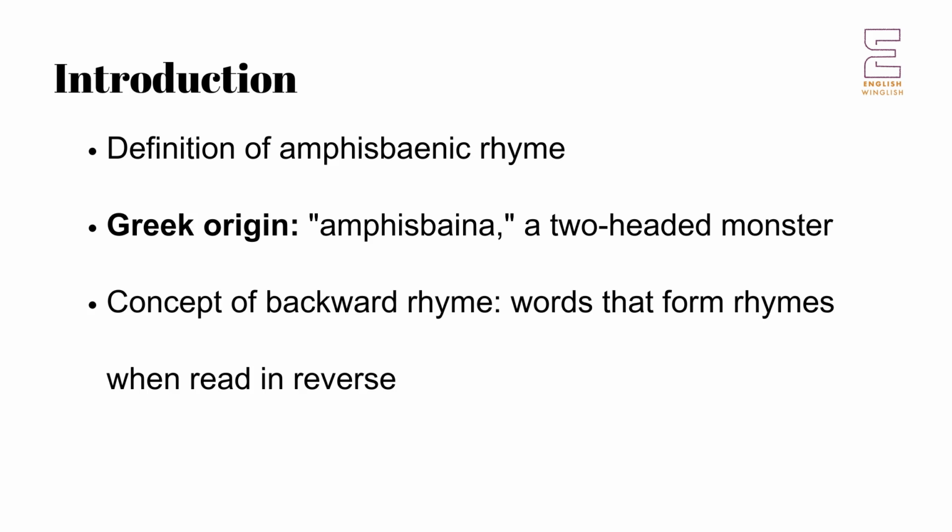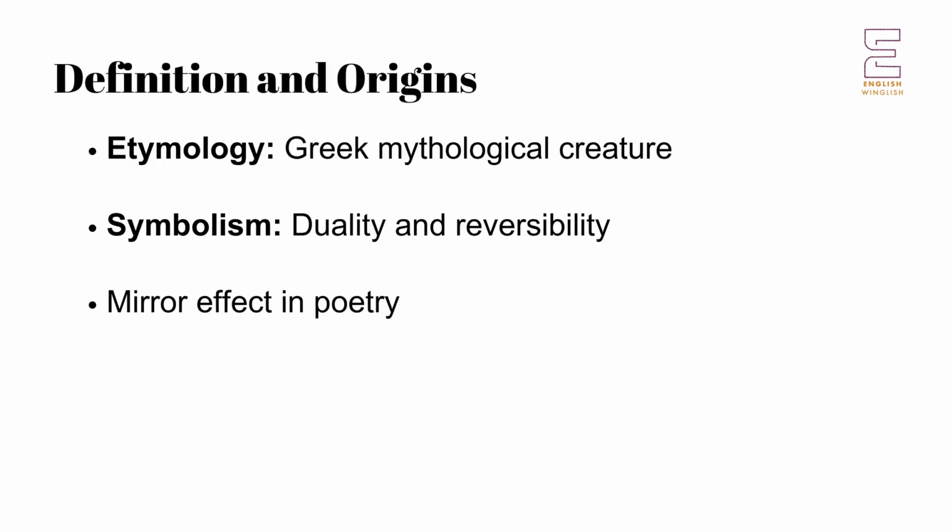An example of this would be lyre and rail. Despite its rarity in poetry, Amphisbaenic rhyme offers intriguing possibilities for poets and readers alike, challenging conventional notions of rhyme and enhancing the text's aesthetic and structural complexity.